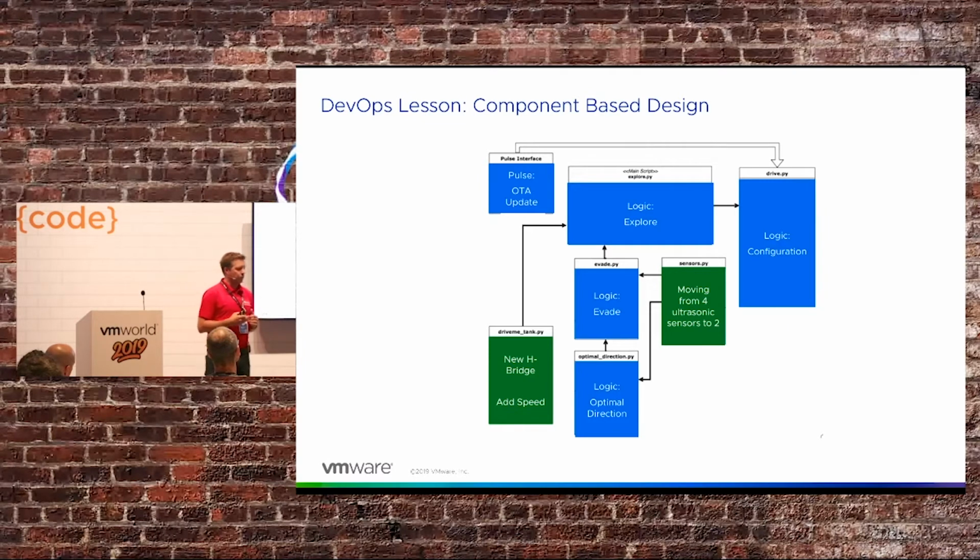We needed to be sure that we could change the code and not affect all the rest of the components. So if I swapped out the H bridge or whatever, we just have to change this one here, called drive me tank, and then we went from having 4 ultrasonic sensors down to just having 2, and a pivot that turns at the front. And there we had a file called sensors.py. So we broke everything out into modularization.